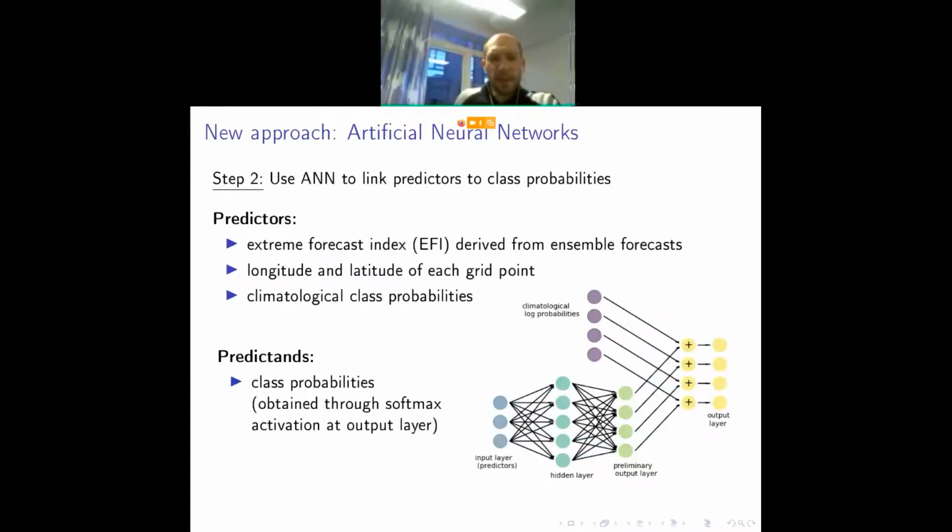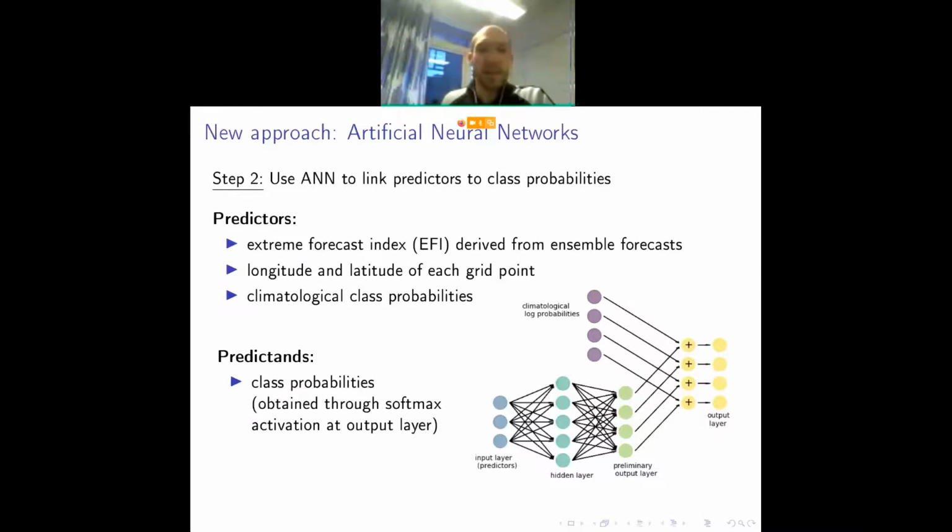As a predictor here, we use precipitation forecasts from a numerical weather prediction model. Here, actually, the ECMWF model, because the NOAA model wasn't available at the subseasonal timescale at the time of this research. In order to condense and normalize the information in the ensemble, we calculate the extreme forecast index of ECMWF ensemble precipitation forecasts.